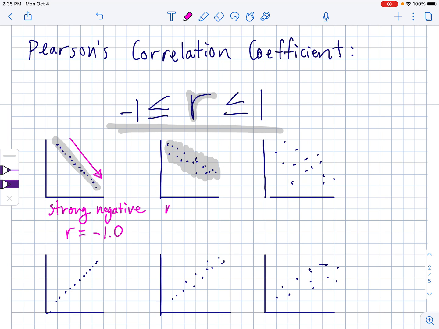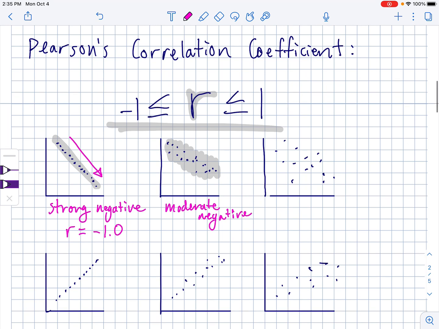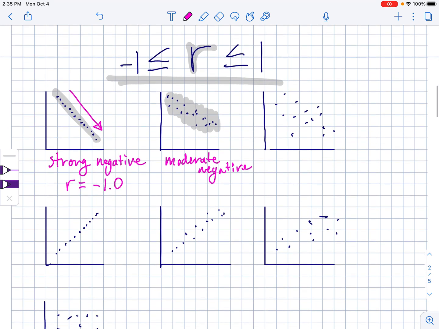Now this one is still going downhill, but it's not as closely packed. So you would call this a moderate negative, and it could have a Pearson's of, and I'm just going to make this up, something like -0.6.